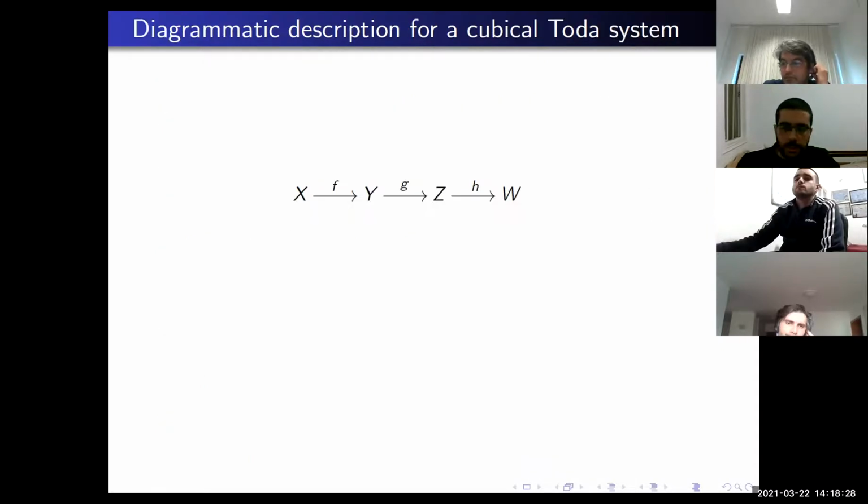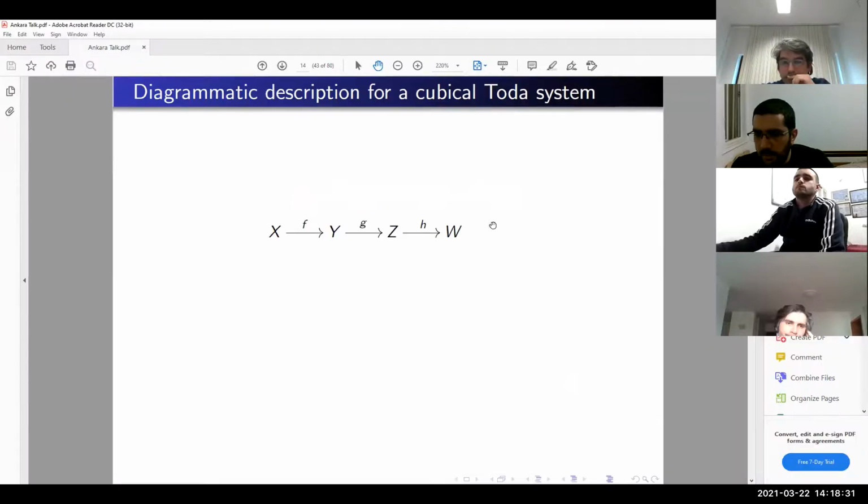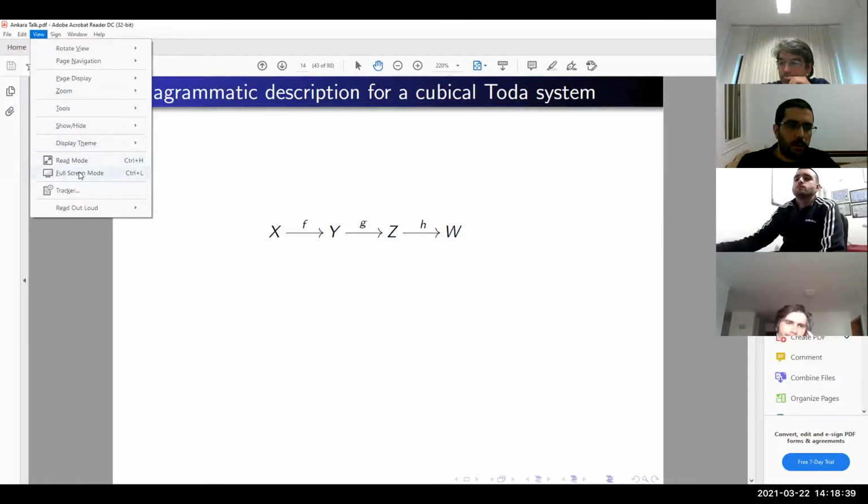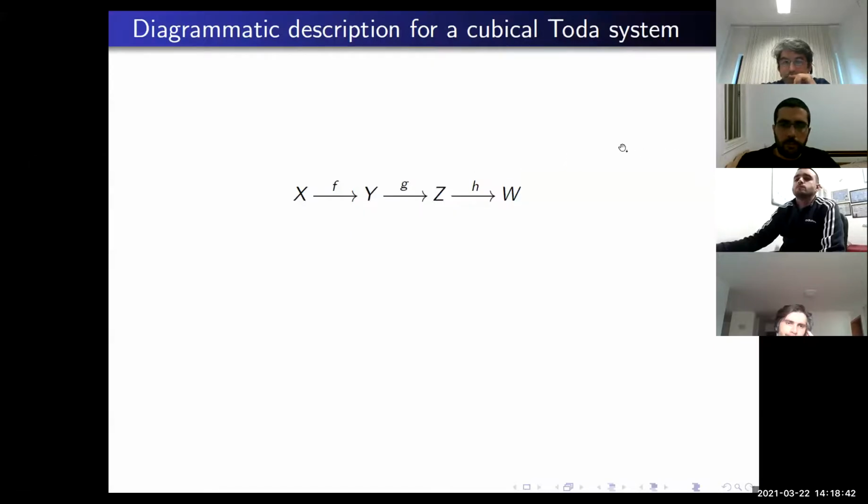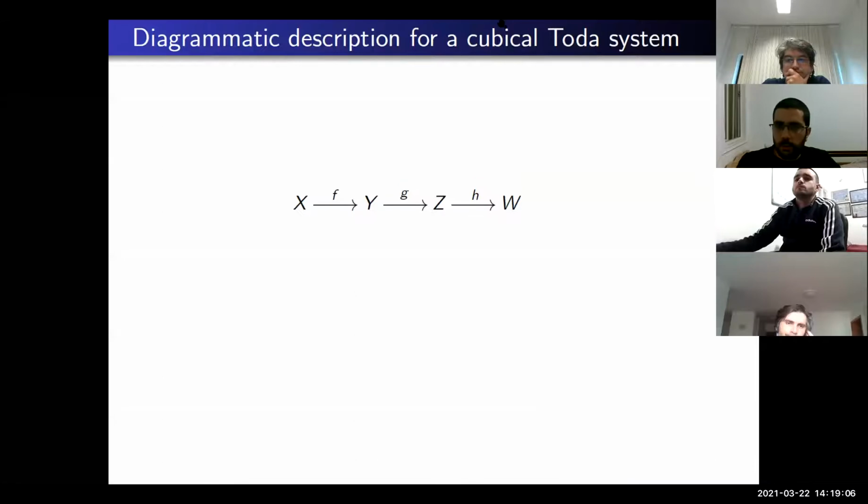So let me start with this. If I go back to the primary definition of Toda, I want to show the definition in another way.